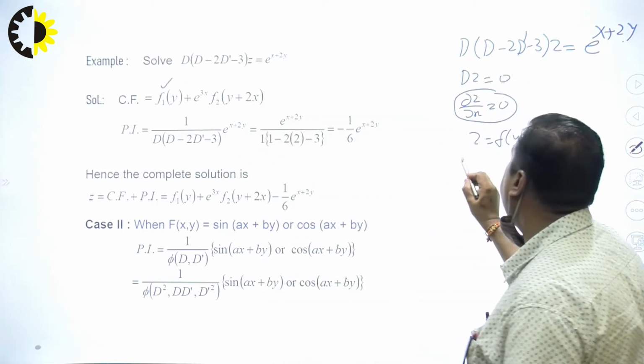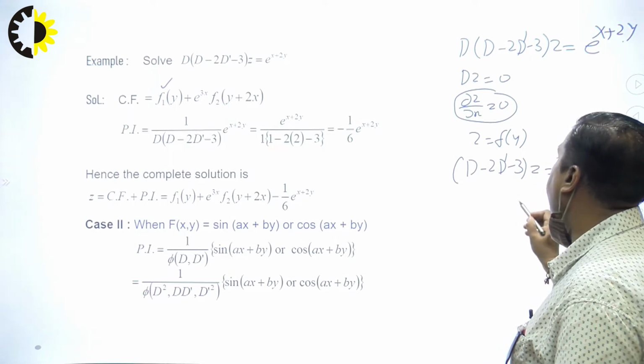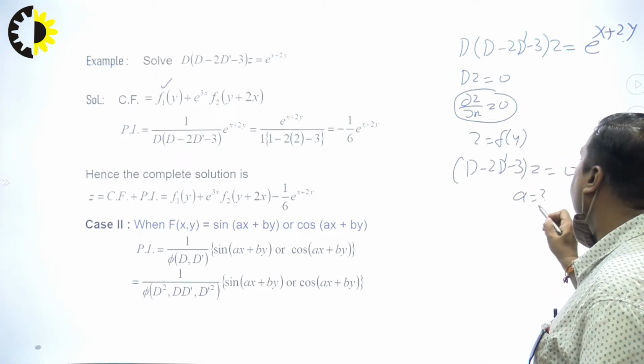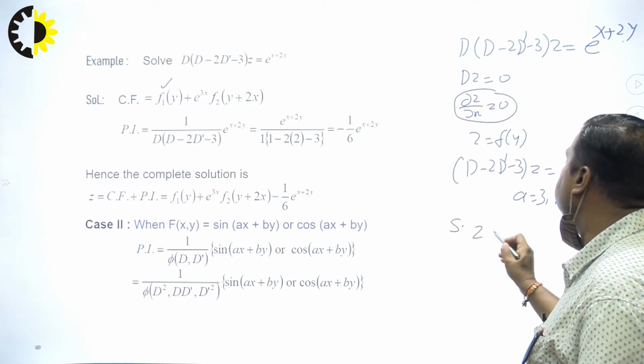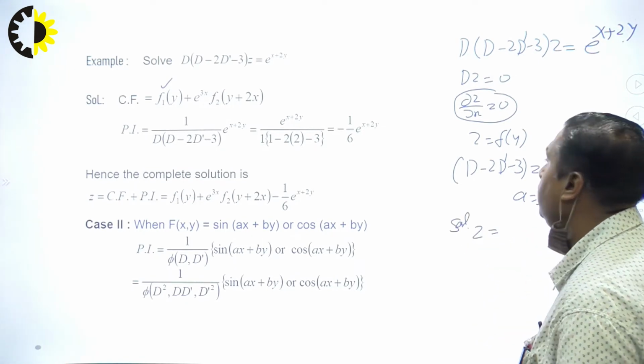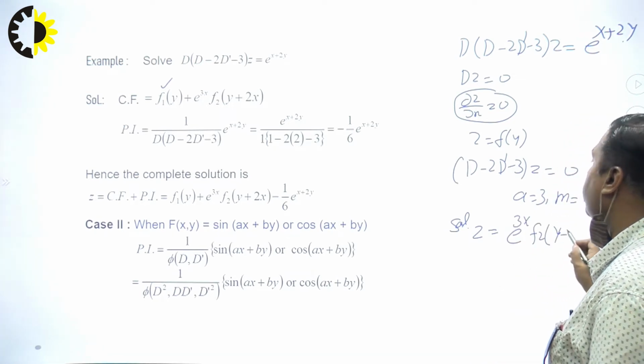And after comparing (D minus 2D dash minus 3) into z is equal to 0, here a is equal to 3 and m is equal to 2, and the solution is z is equal to e to the power 3x f2 (y plus 2x).